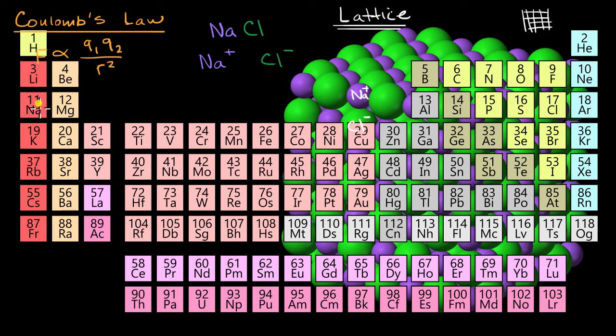But what's happening is when sodium loses that outermost electron, then its electrons have a noble gas configuration of neon. So it really loses that third shell. It gets smaller. And not only does it lose that third shell, but it has 11 protons. So it's going to have a very strong pull on those electrons in that second shell. And similarly, chloride is going to gain an electron, so it's going to have a noble gas configuration of argon. So it is going to be bigger.